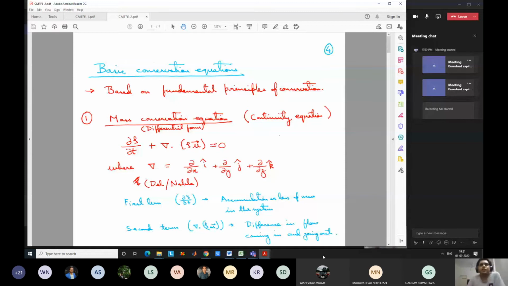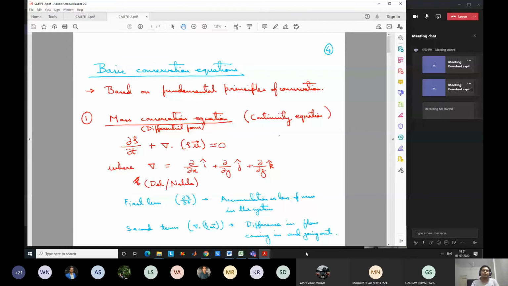So basic conservation equations. What are the important equations that we need in our computational methods of thermal and fluid flow? At the very least, we need the mass conservation equation, the momentum conservation equations, which is the flow equation basically, and the energy conservation equation.